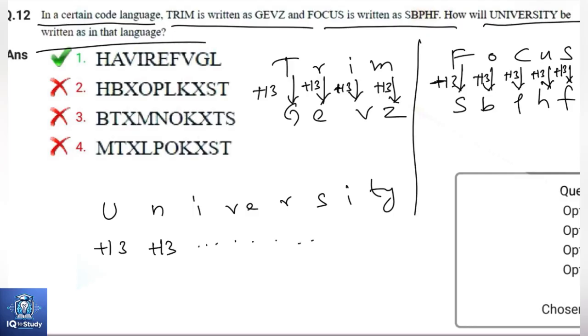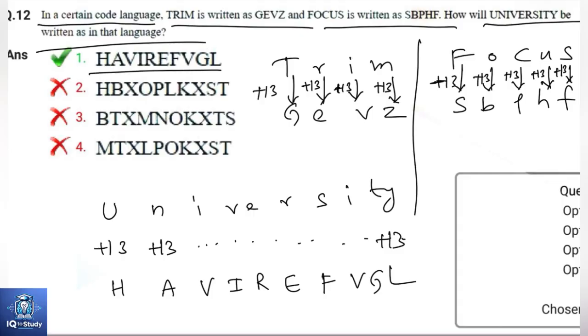Similarly, we have to add plus 13 to all the values. It becomes H, A, V, I, R, E, F, V, Z, L. So, option 1 is correct.